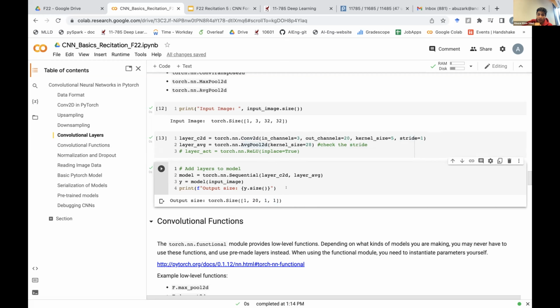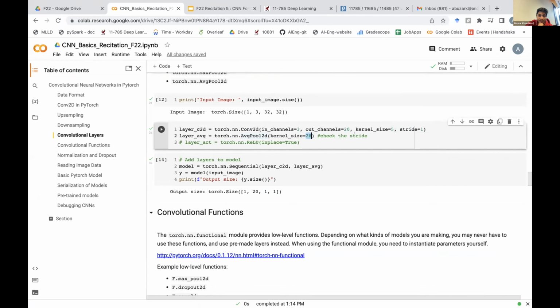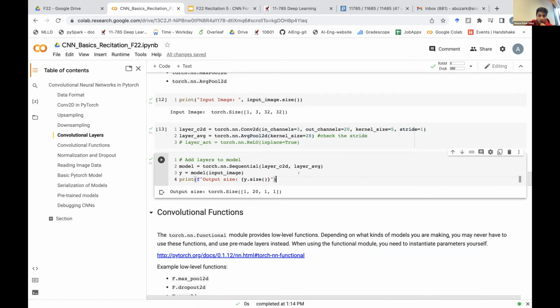I won't tell you exactly where this will be useful, but it's good to remember that this can happen, and it'll help you do classification at some time in the future, maybe in a homework, right? The reason we chose kernel size of 5 and kernel size of 28 is so that we can achieve a 1 by 1 here.